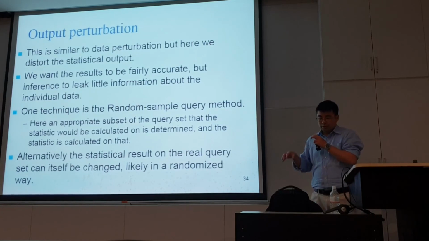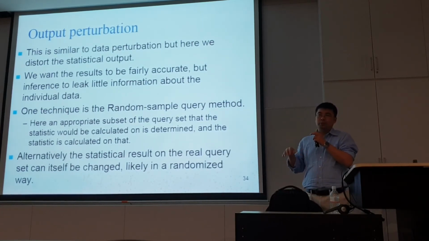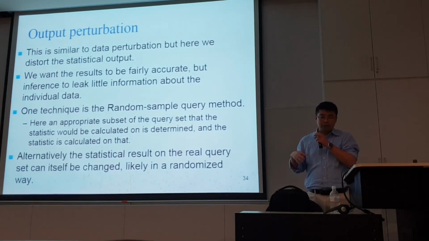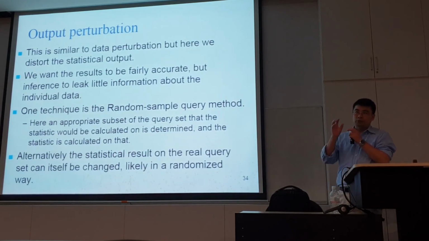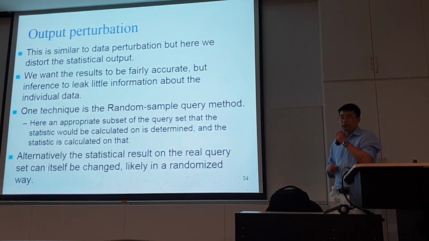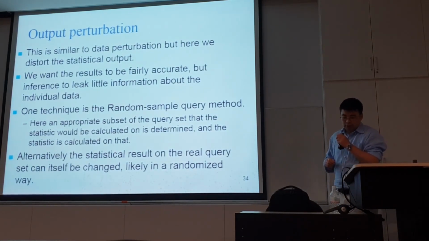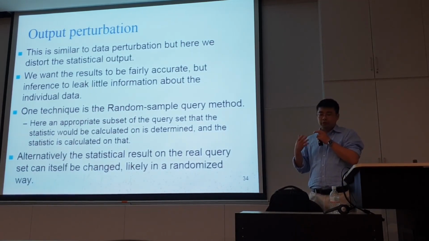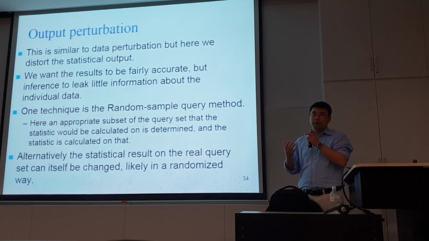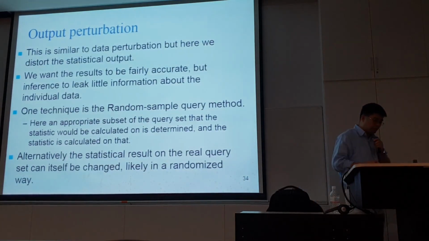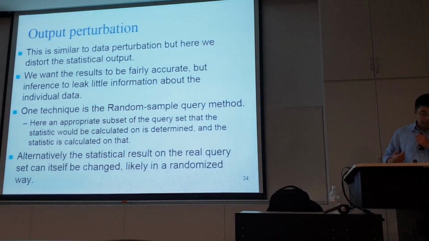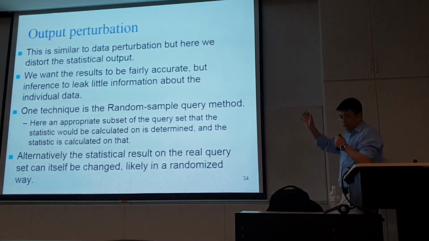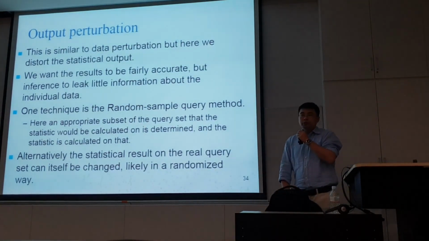That means the experimental distribution should be close to the accurate distribution. However, now the statistical information is close, but the individual data is incomplete because you only sample some of the data items.